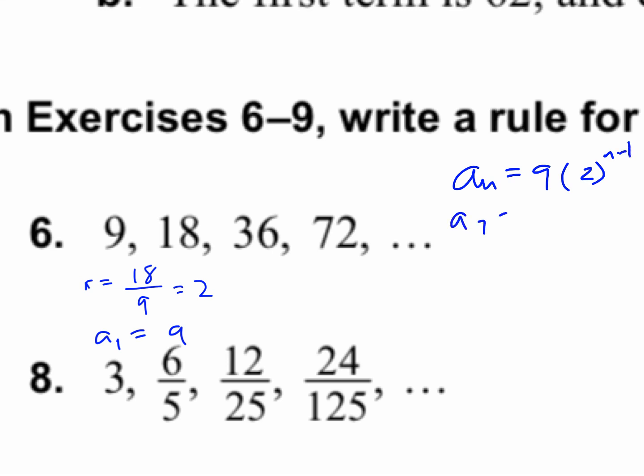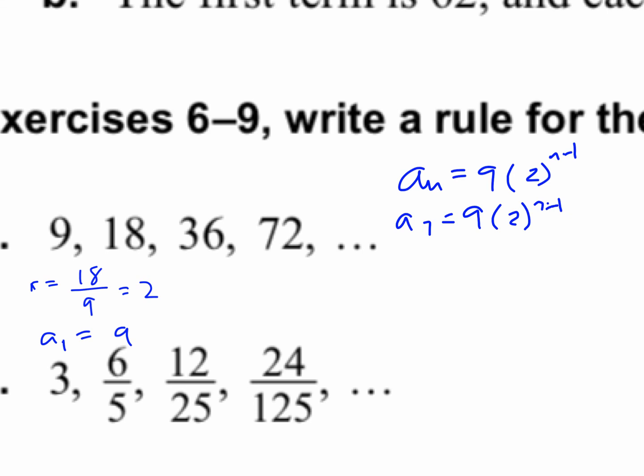So to find our 7th term, what do we plug in for n? 7 minus 1. So we have 9 times 2 to the power of 6. Be careful with these that you follow your order of operations. That's a common mistake.